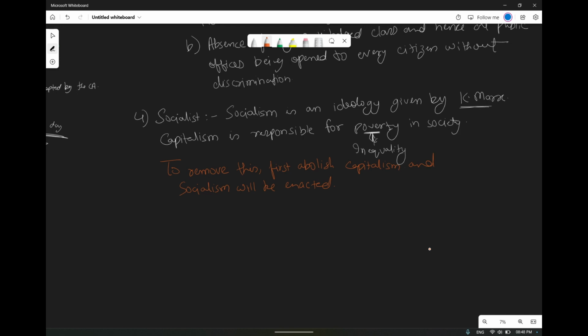If we are keeping a difference in earning money, it means we are saying that inequality should be present. We are supporting inequality if we are giving different wages, if we are not dividing the wages equally to everyone, and the owner of the company is getting more money. Why should this be? So that's what he was telling, that this capitalism should be abolished, then we'll be able to achieve equality.